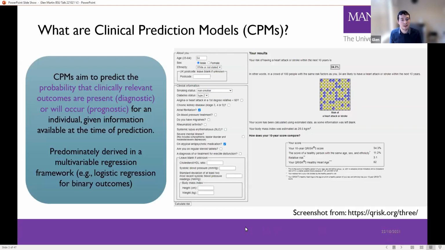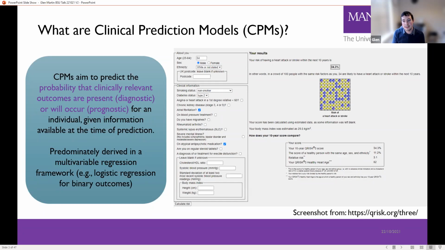Before we get into all those topics, it's useful to take a step back and define exactly what I mean by a prediction model, or a CPM, as I'll refer to them. Many of you are probably aware of this already, but CPMs are essentially any statistical model or machine learning algorithm that takes a collection of characteristics about a patient as inputs and outputs the risk of some event happening, either in a diagnostic setting or a prognostic setting.